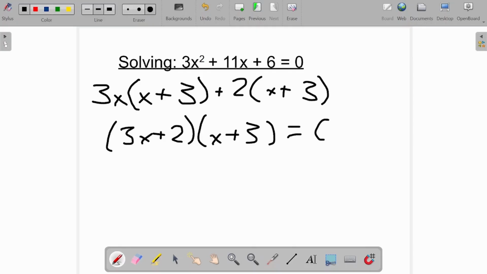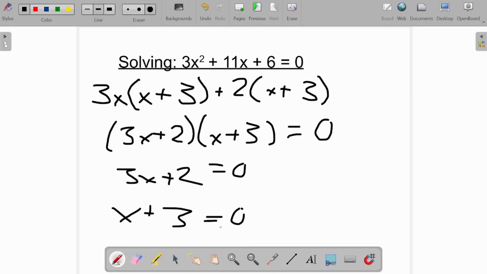Set that equal to 0. Now we solve each of these brackets. So 3x plus 2 is equal to 0, and x plus 3 is equal to 0. So we'll start with this one because it's easier. So we take away 3 from both sides, so that becomes x equals minus 3.